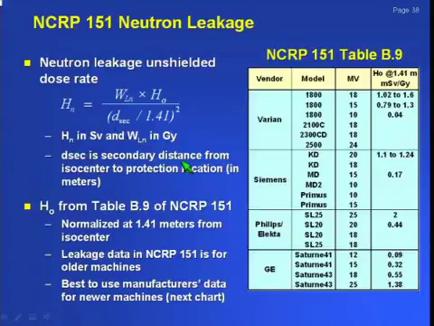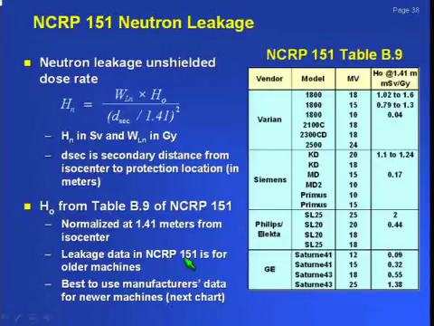So it's the distance from isocenter to the protected point in meters. And that is your difference between your primary and secondary distance measurements. Your secondary measurements are always from isocenter. Your primary distances are from the target. So you do have that difference.